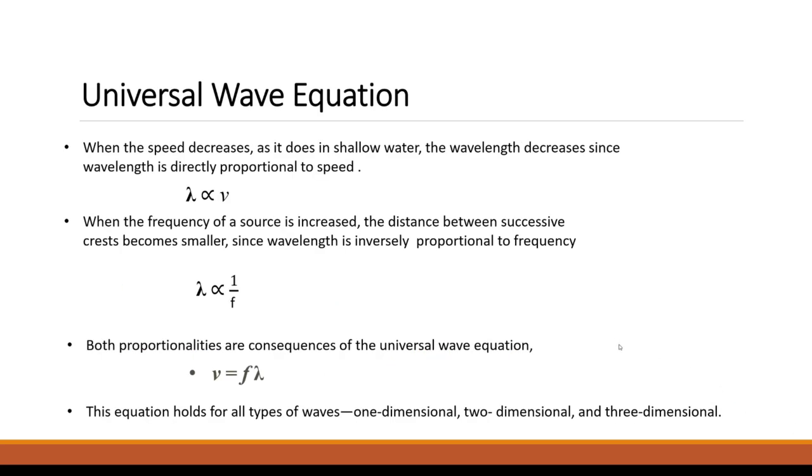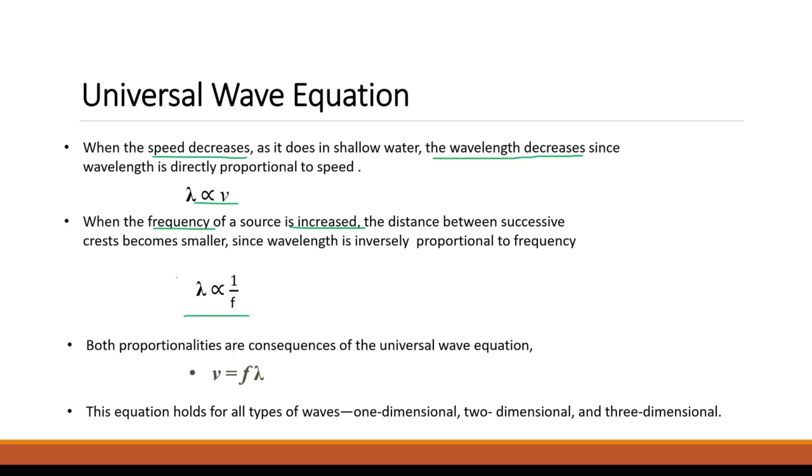Next, let's talk about the universal wave equation. When the speed of a wave decreases, as it does in shallow water, for example, the wavelength decreases, since the wavelength is directly proportional to speed. And when the frequency of a source is increased, the distance between successive crests becomes smaller, since wavelength is inversely proportional to frequency.